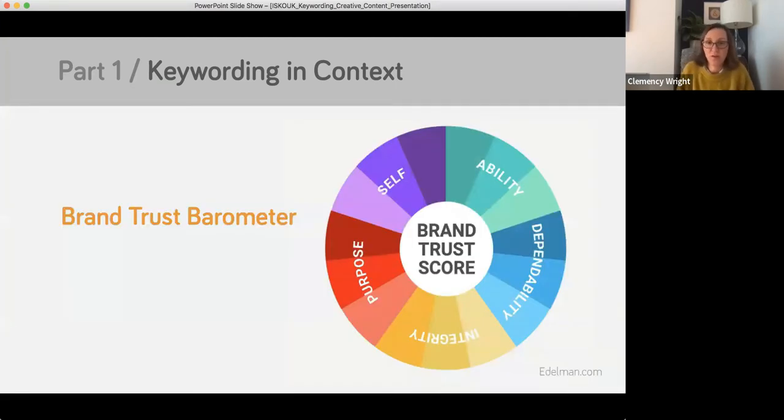So some research carried out recently by the market research company Edelman looked at the relationship that we have as consumers with brands, and they visualized it in this trust barometer, which is broken down into 5 key areas.